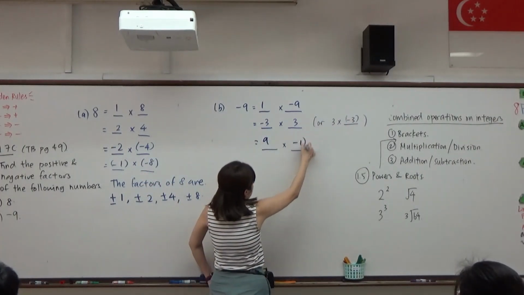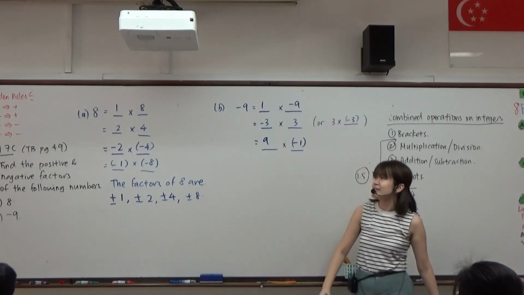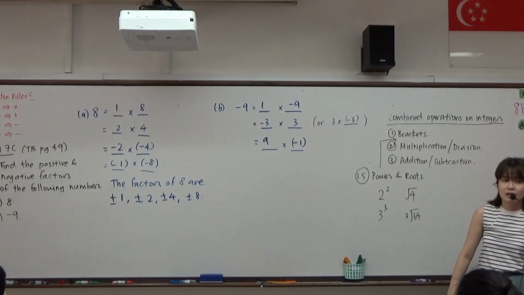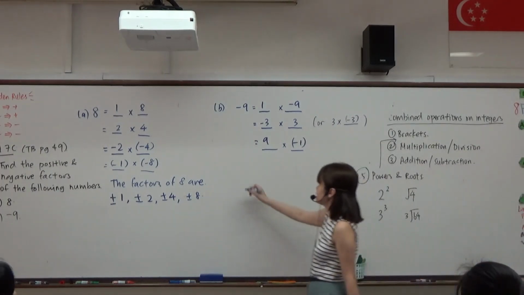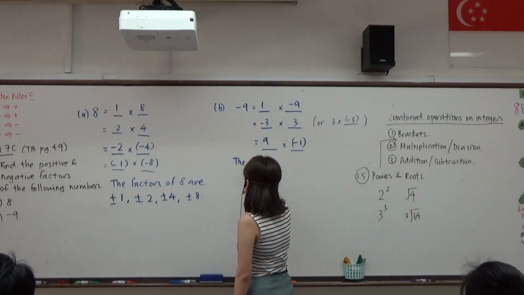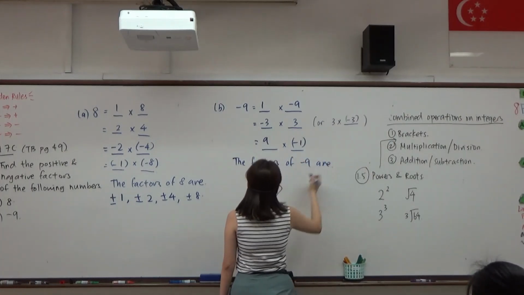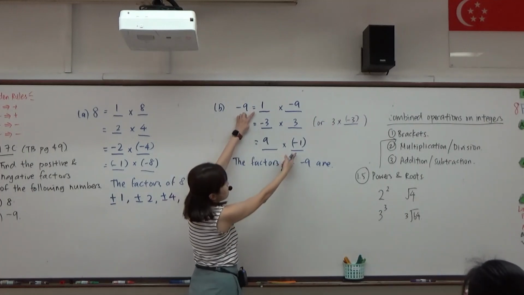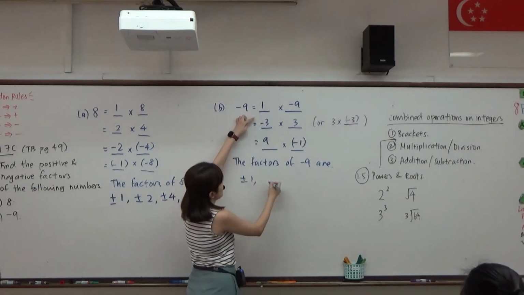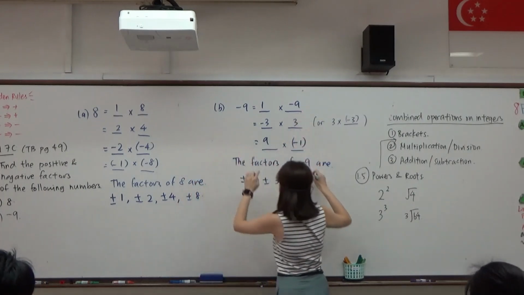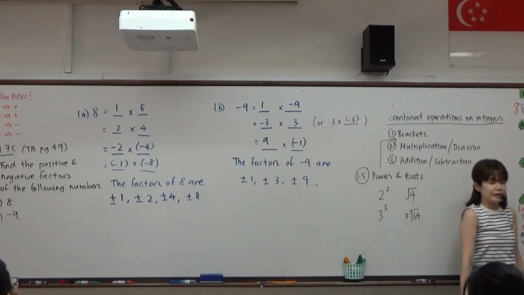Thank you. Agree? So therefore, the factors of negative 9 are, in this case, plus minus 1, plus minus 3, and plus minus 9. So 6 different factors.